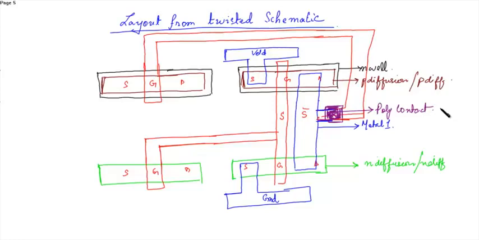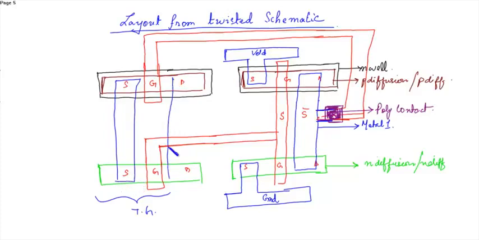Now this is a transmission gate. This part is a transmission gate part. The sources of the PMOS and NMOS are connected. Then the drain of the PMOS and NMOS are also connected.